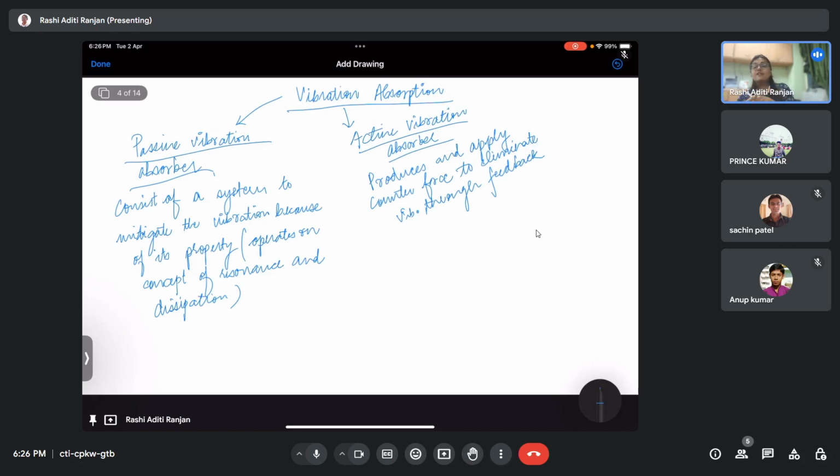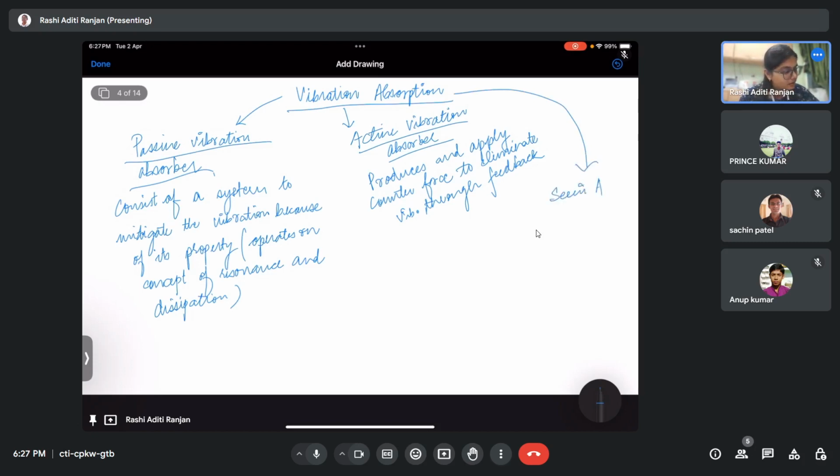While in case of a passive vibration absorber, we have, like, the tuned mass absorber. We tune the mass and the stiffness depending upon what my primary system is, and then I apply it. But in this case, I don't need the tuning. It is going to change its properties depending upon the feedback. Okay, next comes the semi-active.